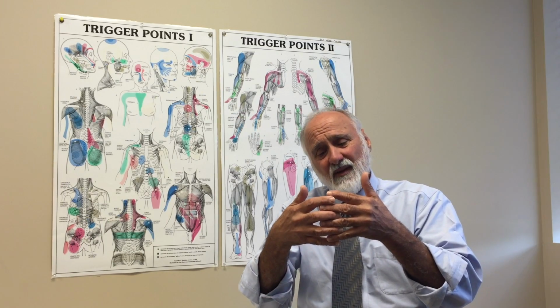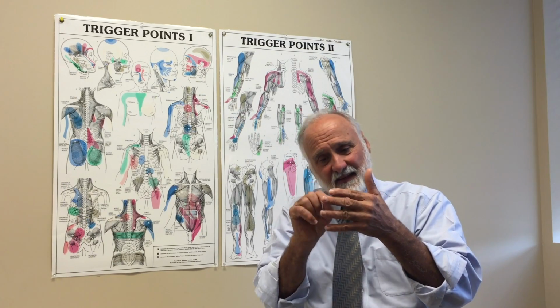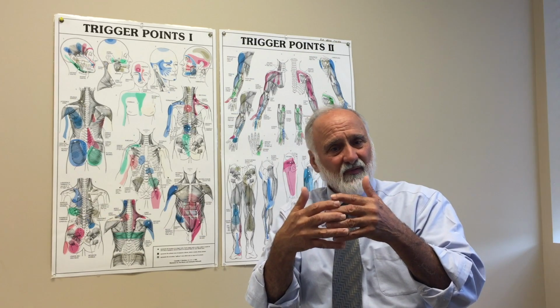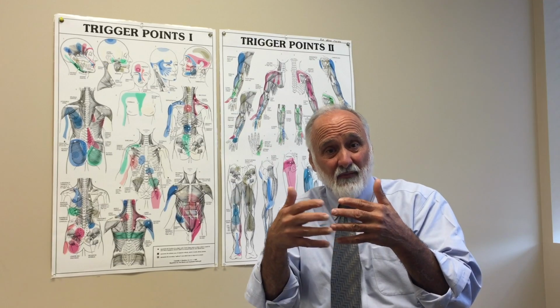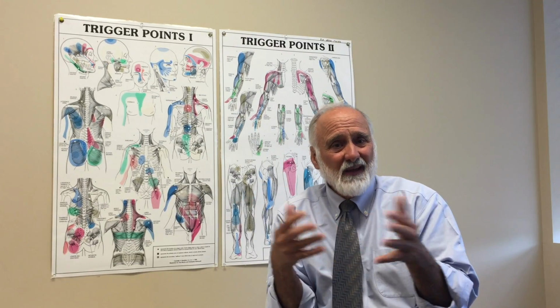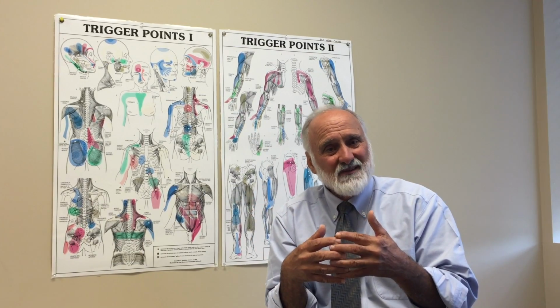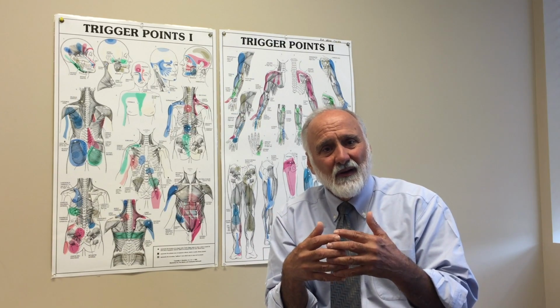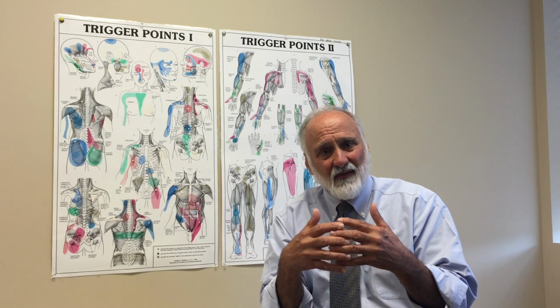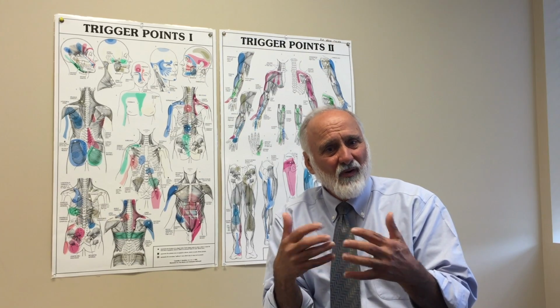What we found is that if we do trigger point injections, needles into there, they can break those trigger points up, and then if you stretch that muscle, you can get quite a bit of relief. But the problem is insurance will pay for trigger point injections maybe once every 3 months, and frequently that's really not enough to get rid of their pain problem. You need to do something more on a regular basis.